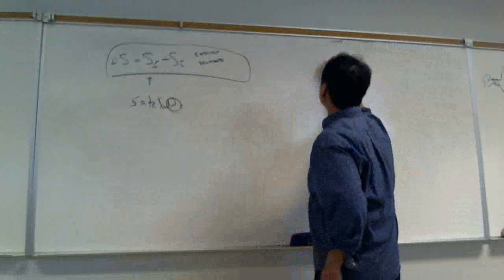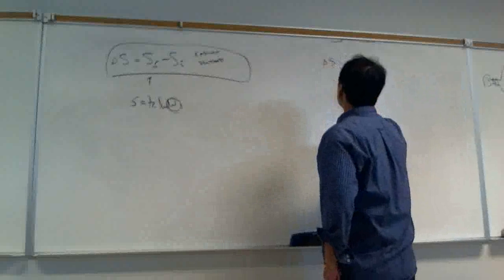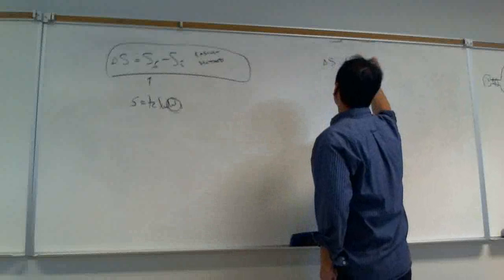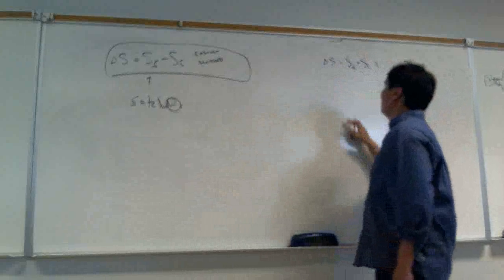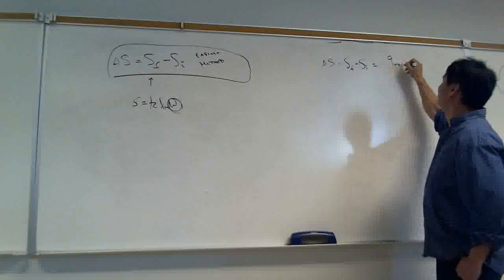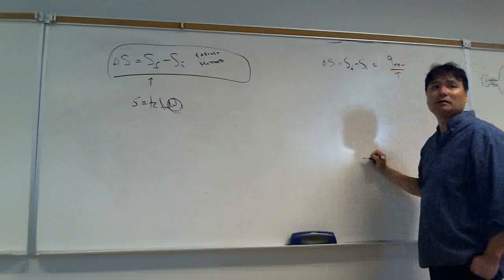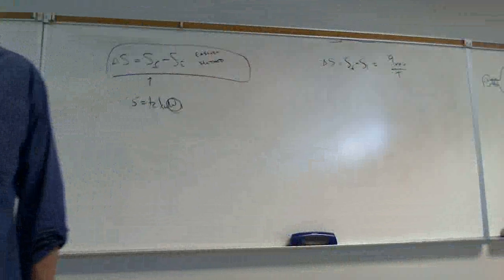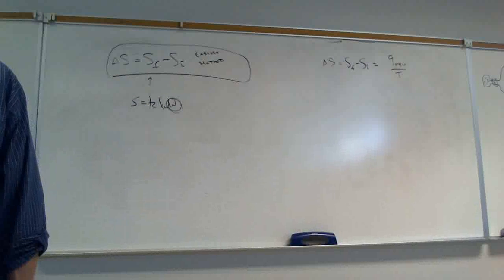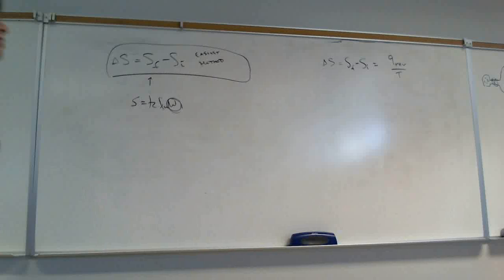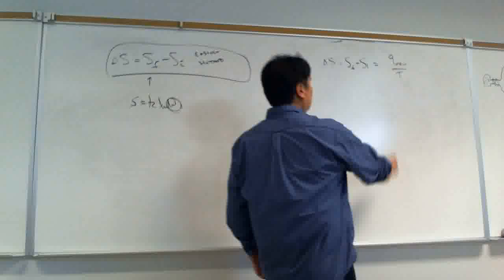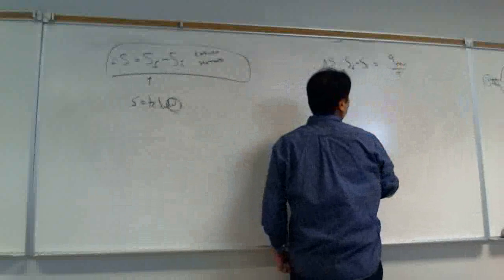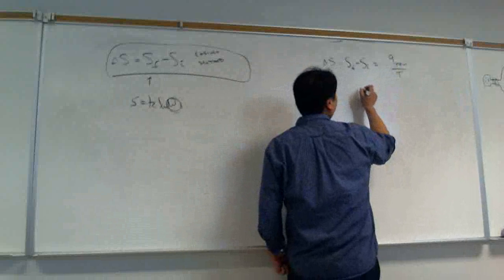I'm going to look at delta S. Delta S is equal to S final minus S initial. And that's also going to equal Q reversible over T. We're going to look at small changes in heat, this Q. And so what we do is we use some calculus.